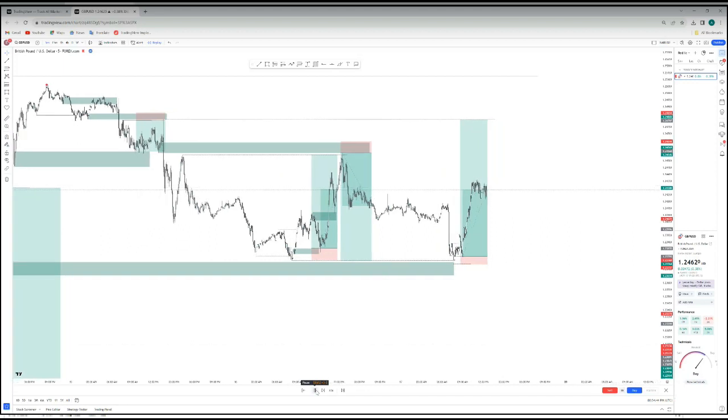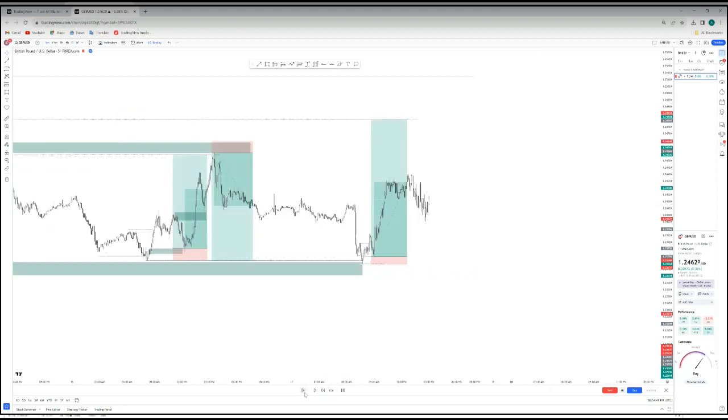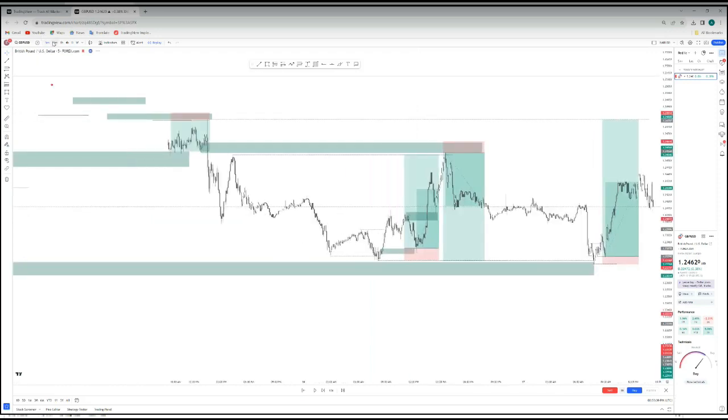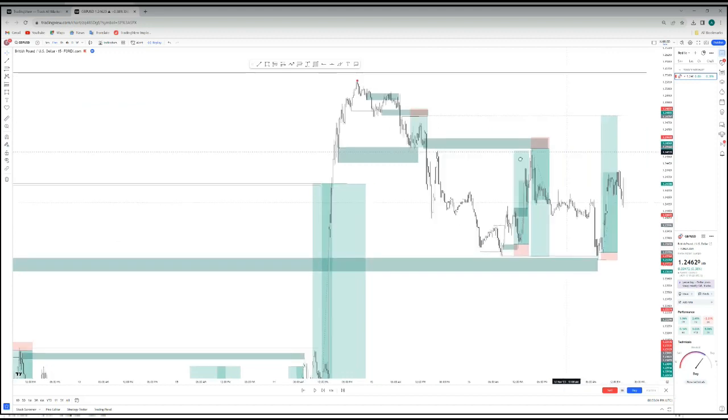Now for continuation trend. This happened on Friday. Yeah, on Friday. For continuation trend, trading order flow, we need price to take out this high. So we just need the narrow point of interest now. We'll be using it to continue the trend.